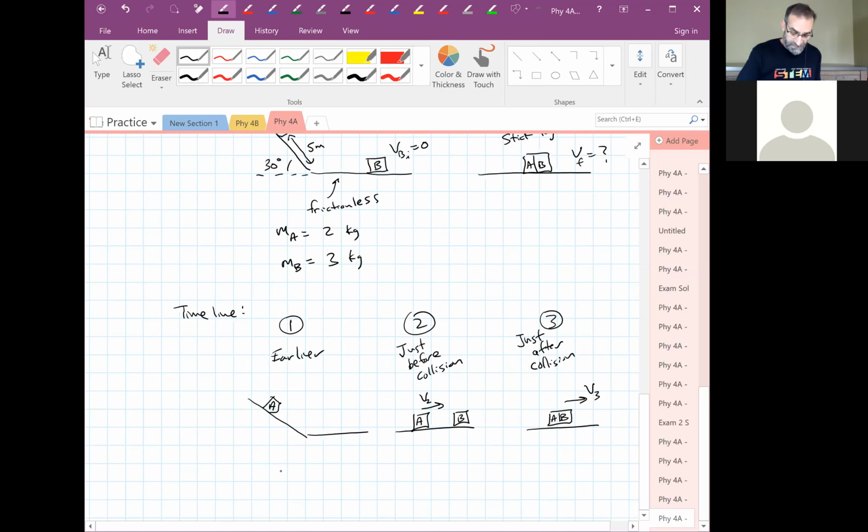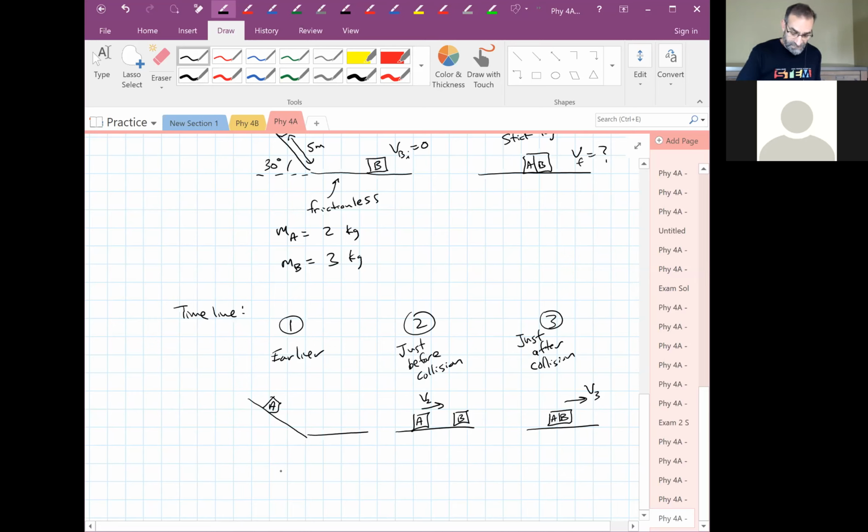Okay. So I'm going to go from 1 to 2 using energy to find the velocity of block A, the split second before the collision.